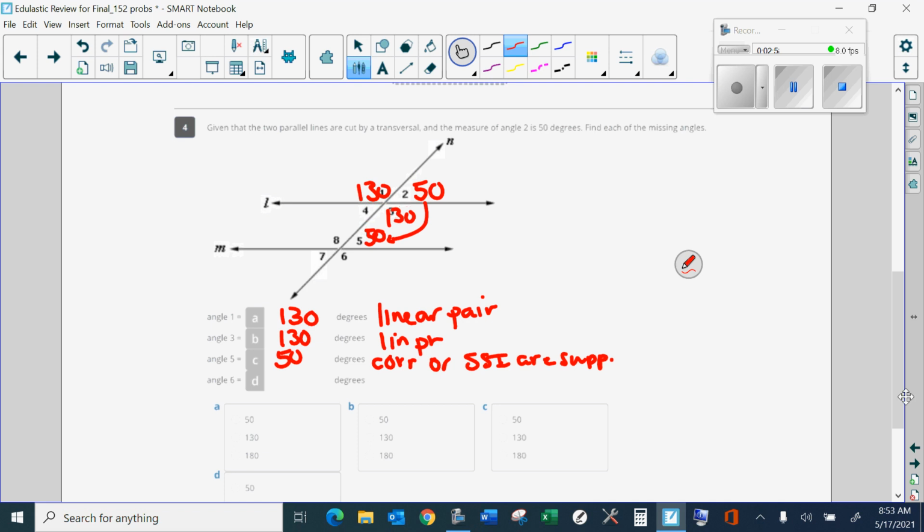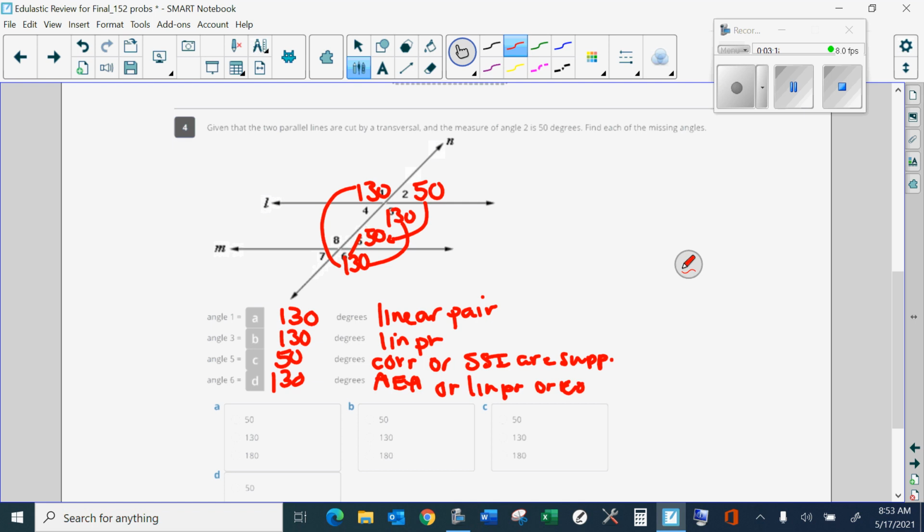Angle 6 would be 130. And you can go by AEA, alternate exterior angle theorem, from here to here. You go by linear pair, right there. Or you can go by corresponding, right there.